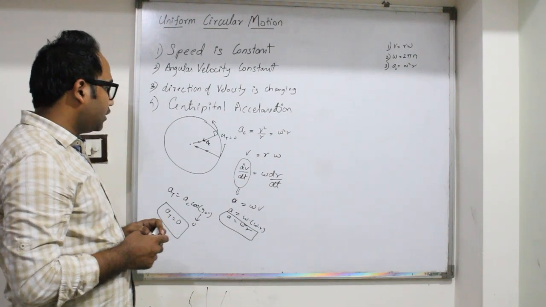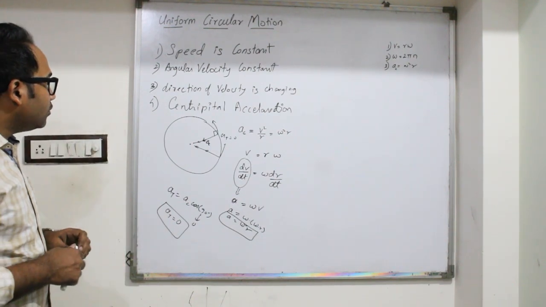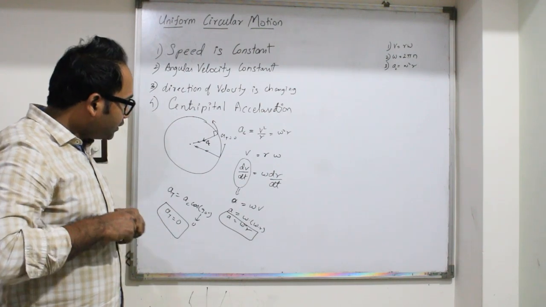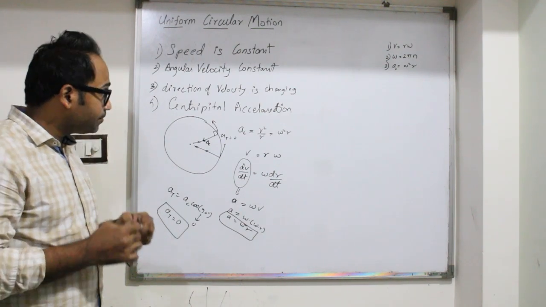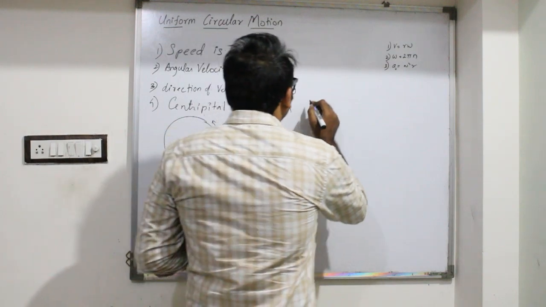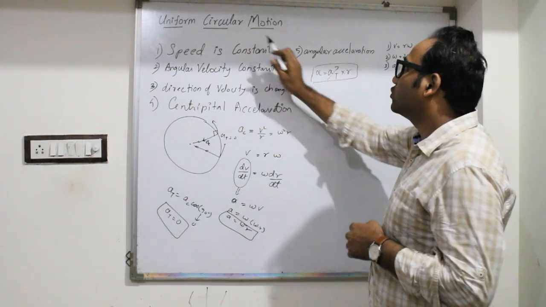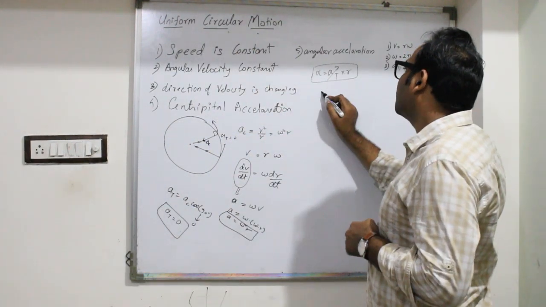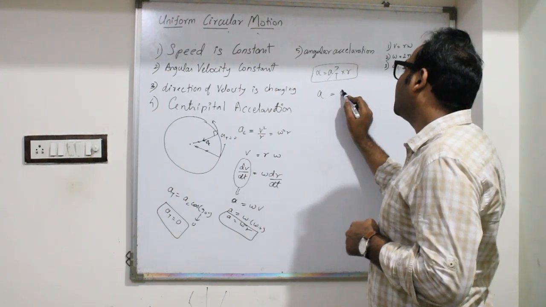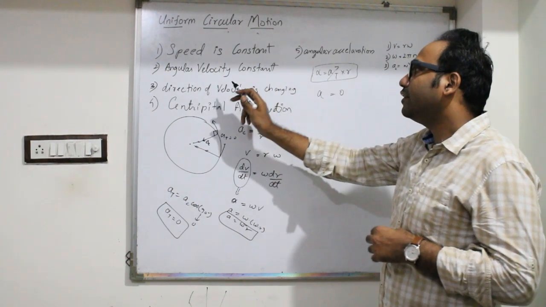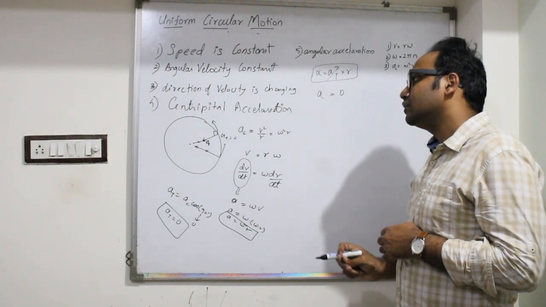So this is the thing. Now, in uniform circular motion, my angular acceleration will be 0. My angular velocity will be constant.